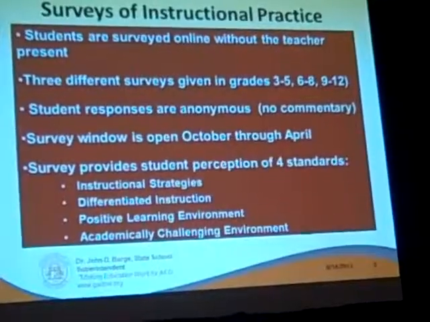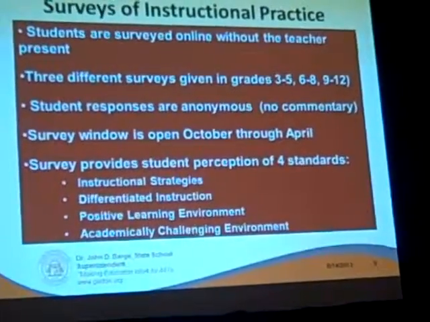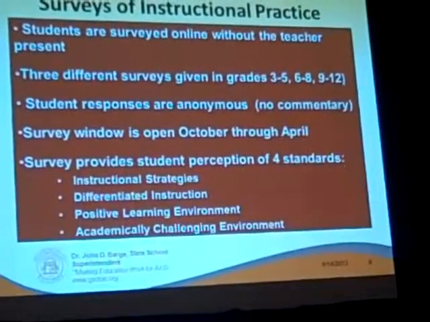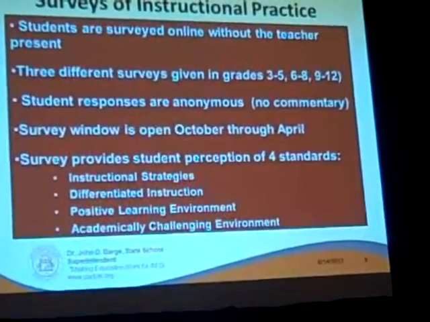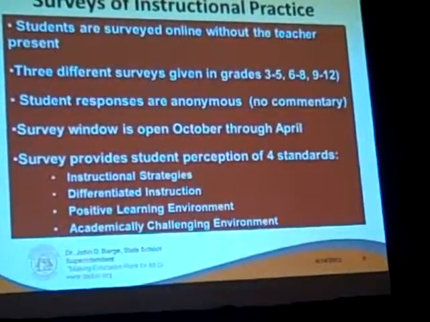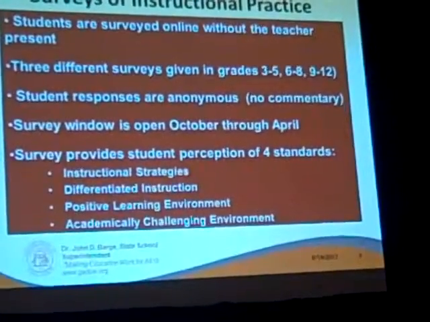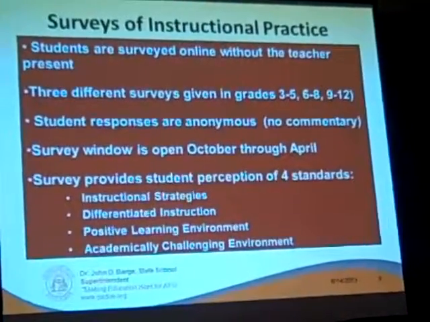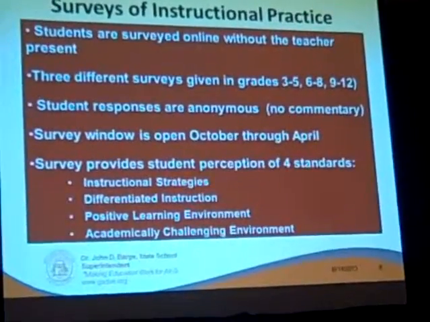There are 3 different surveys given, 3rd through 5th, 6th through 8th, and 9 through 12. The 3rd through 5th is read aloud to students, but again, it is an online survey. The student responses, as I said, are anonymous, and the survey window is open from October until April.